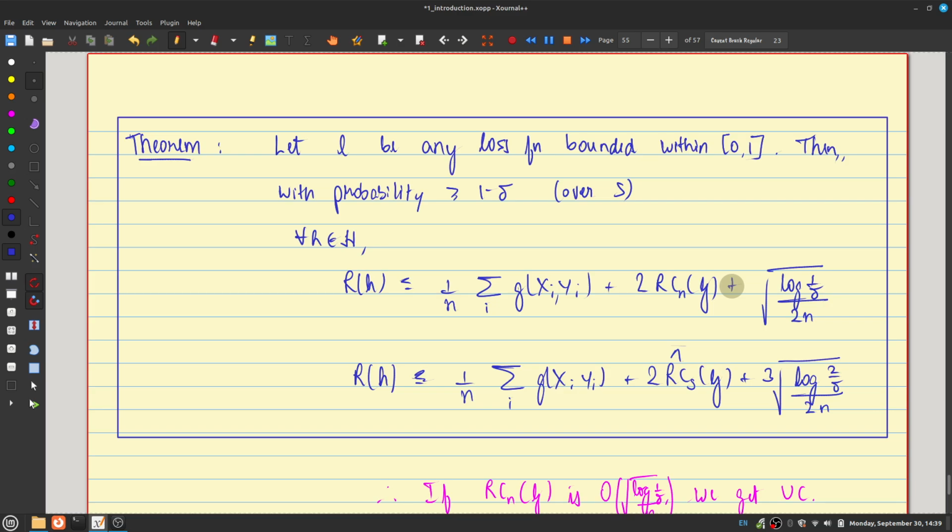In particular, if the Rademacher complexity decays with n, then we essentially have the uniform convergence property.